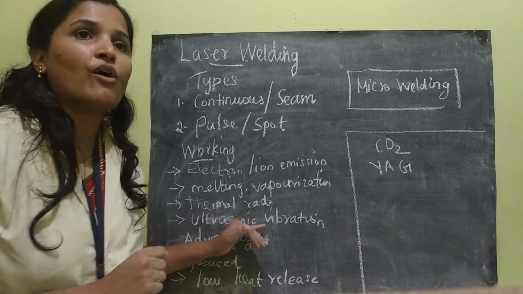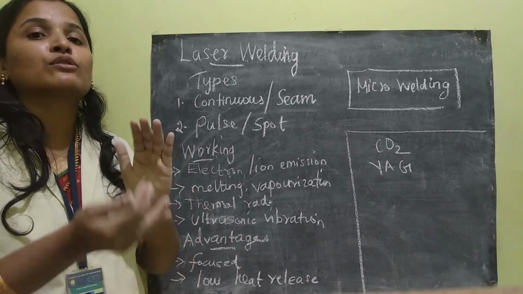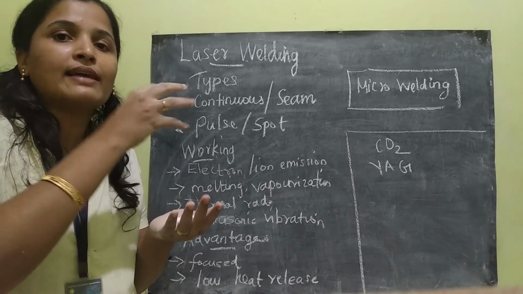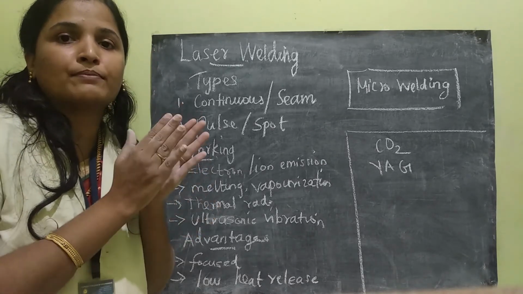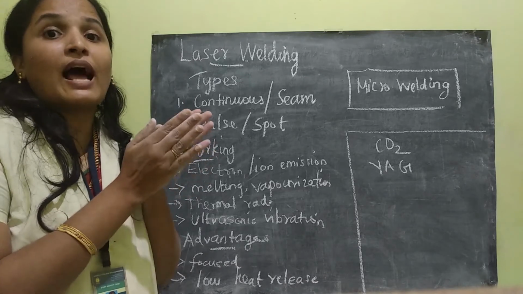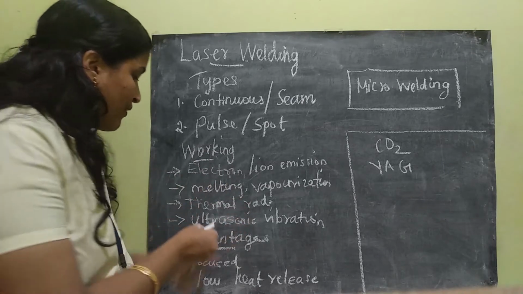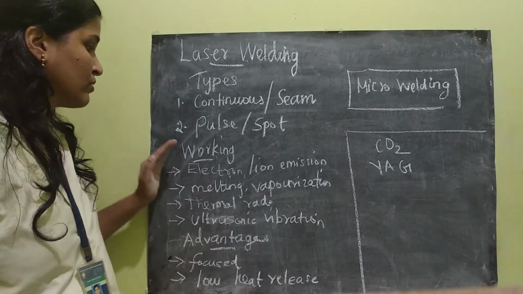After all the process, ultrasonic vibration will happen. Because of that ultrasonic vibration, the mold and the substrate will have good absorption, and it will have a good bond. So that's all about the working.